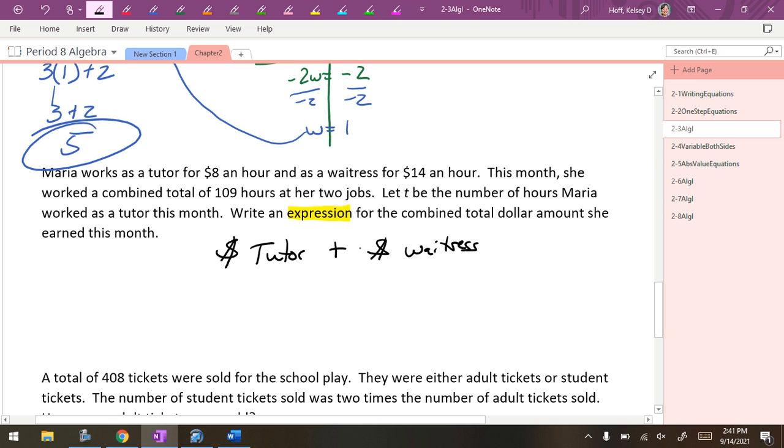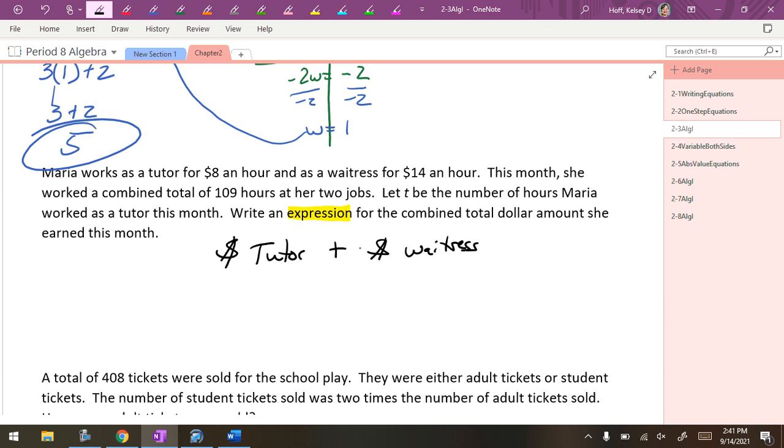How do I figure out how much money she makes as a tutor? Jackson? Okay. How many hours did she work as a tutor? T. Then what do I do? No. Multiply by 8.